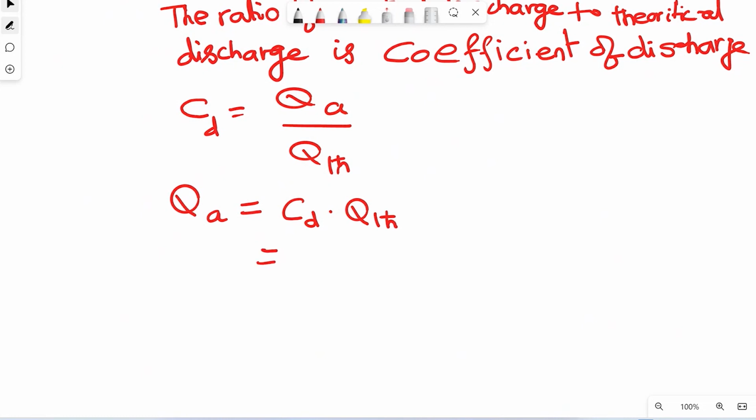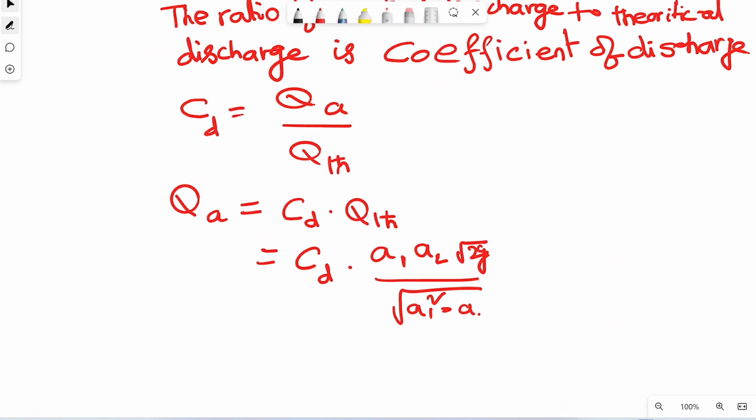It is equal to CD into A1 A2 root 2g divided by square root of A1 squared minus A2 squared, into root H. So the equation for actual discharge is the above one.